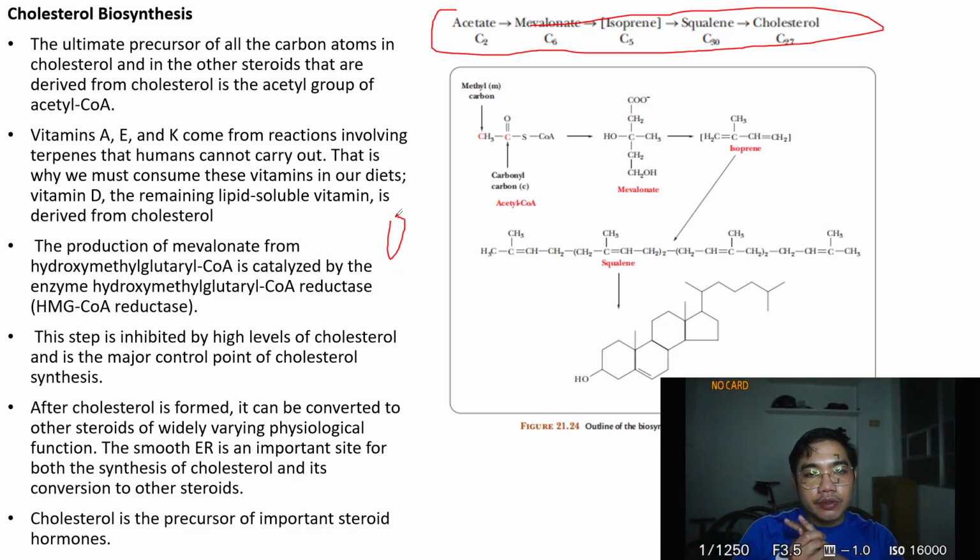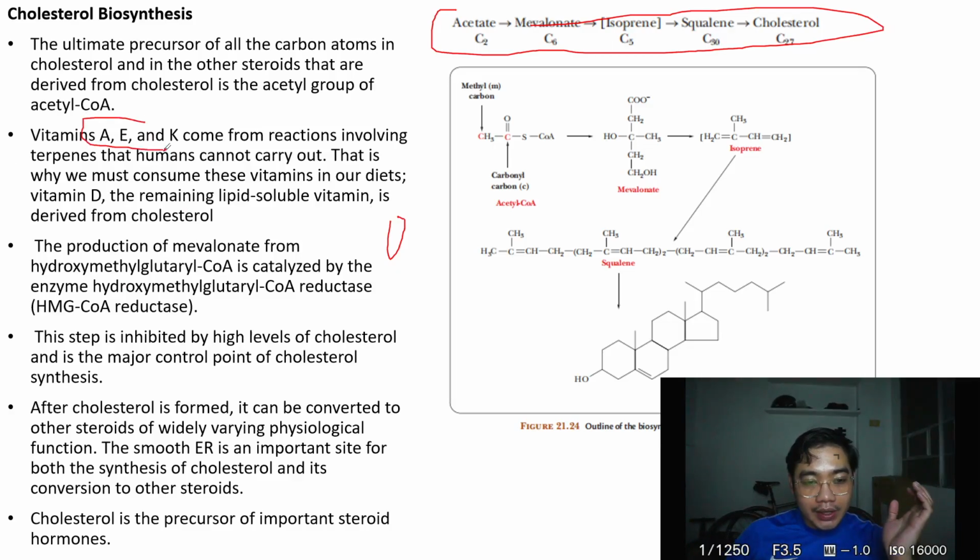Steroid hormones are, for example, estrogen, progesterone, and testosterone, your sex hormones. So they're very important, to say the least. And cholesterol is also very important in the cell membrane because it gives rigidity.